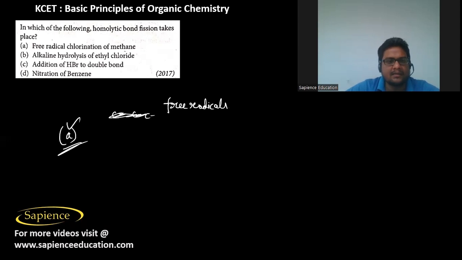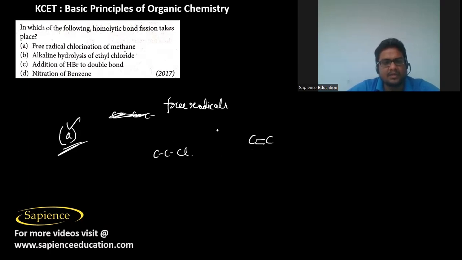And then alkaline hydrolysis of ethyl chloride. Here a free radical is not formed. And then addition of HBr to double bond. Here also a carbocation is formed. So here homolytic bond fission does not take place. Then nitration of benzene.